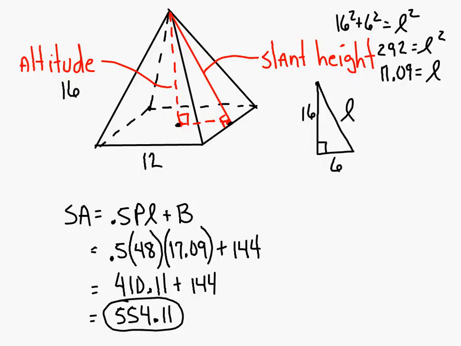All right, so page 857, lateral and surface area of a cone. Lateral area of a cone is equal to pi times radius times slant height.